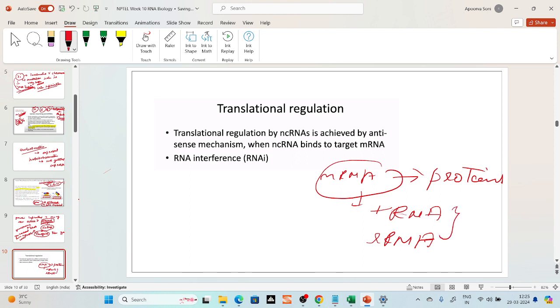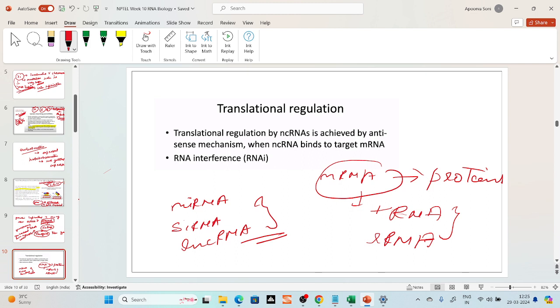But other non-coding RNAs are miRNA, siRNA, lncRNA, and many more. These are the different non-coding RNAs that do not code for a protein, but it does not mean that they are junk or that they do not have any function. They are very important for the system, it's just that they're not making proteins, they're doing some other work. And what is that other work?